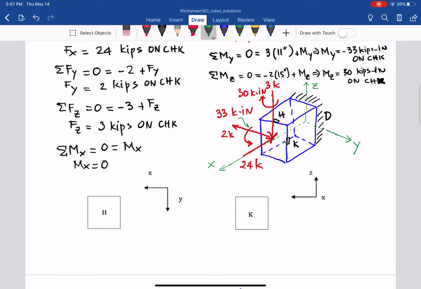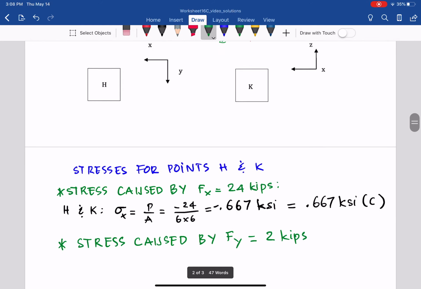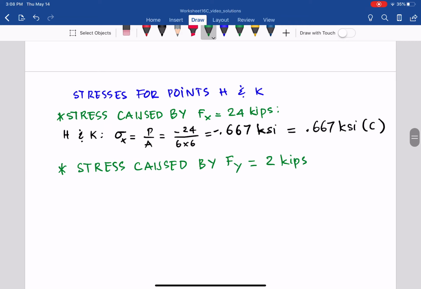It's in the negative y-axis, so it will be tau xy, as you can see there. For the tau xy, we can draw the cross section through x, which is a square, so let's put the square here.